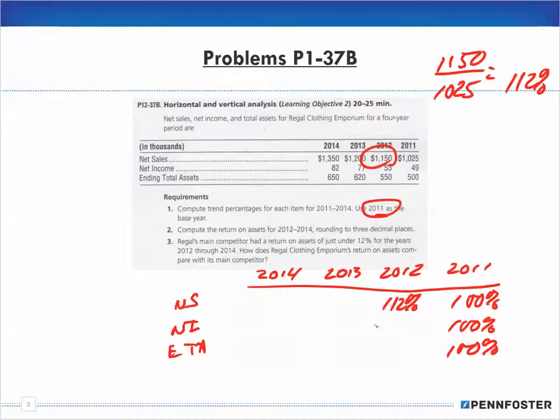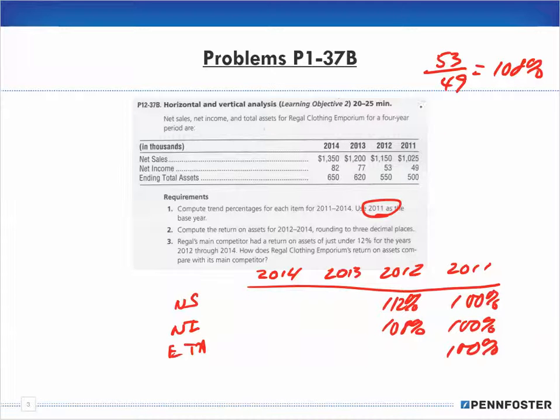So this here is just number crunching, okay? To be honest with you, you can sit here and do the math, and it's a good exercise to do the math, to know where you're getting the numbers from. 53 divided by 49 gives me 108%. And 550 divided by 500 gives me 110%.